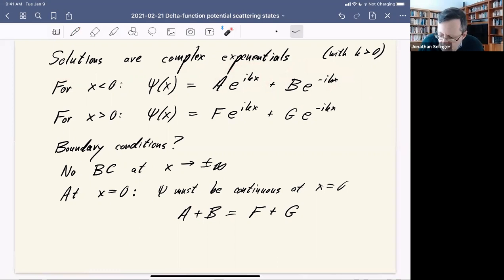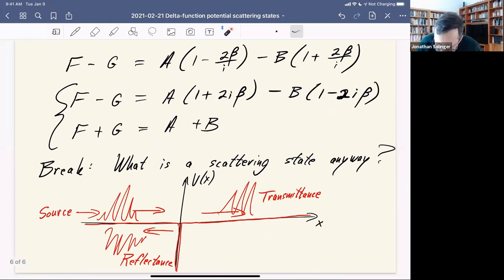A means the wave moving to the right, and B means the wave moving to the left. So in our picture, A is the amplitude for the wave going to the right. So that's this thing. The amplitude A is for this wave going to the right. It's the wave coming out of the source. It's the input.